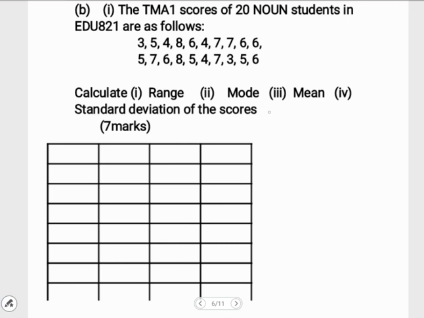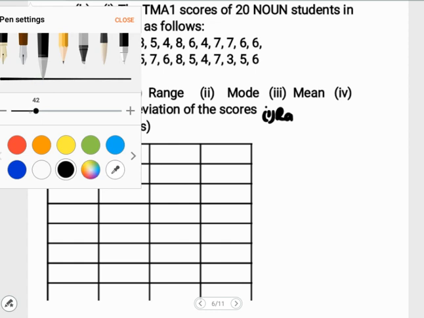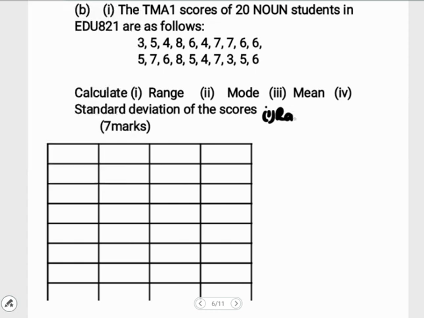So the range is going to be equal to the highest score here, which is 8, and the lowest score here, which is 3. So the range is equal to 8 minus 3, which is equal to 5.